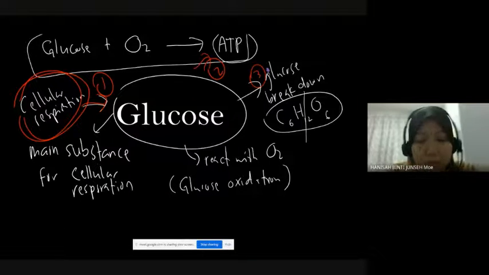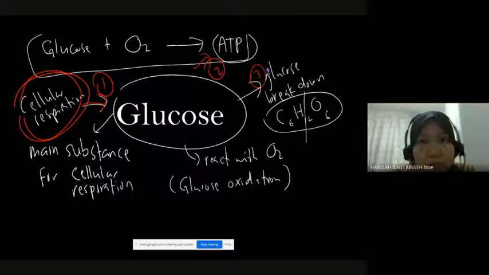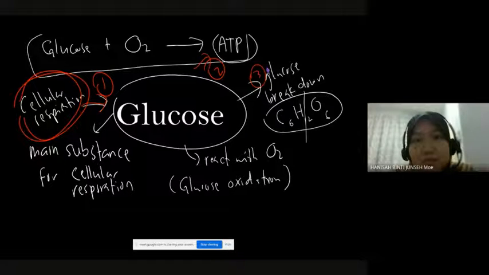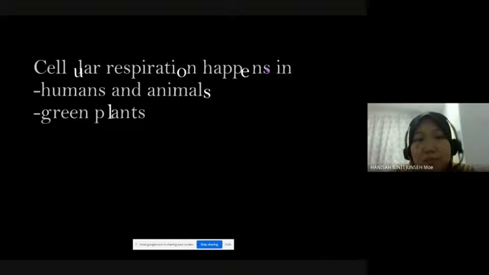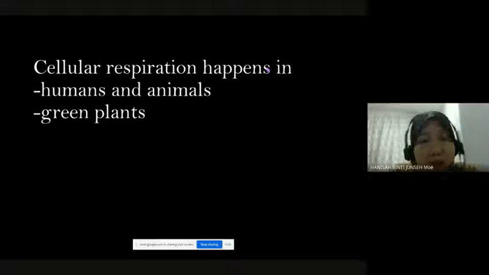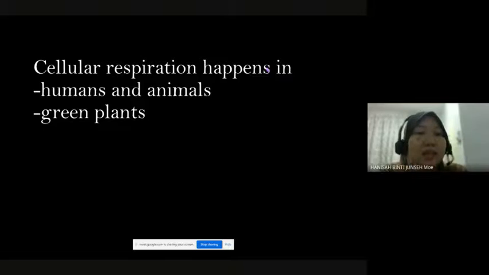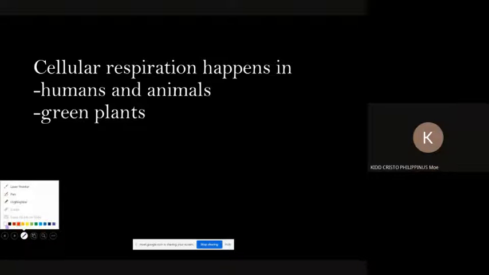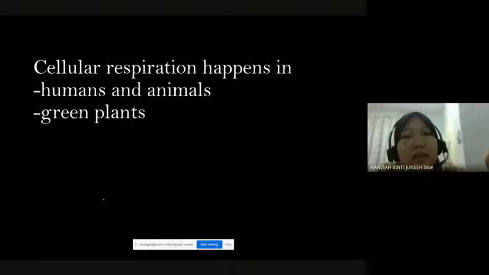Okay, are there any questions so far? No. Okay, next. Cellular respiration happens in humans and animals and also in green plants. Again, what is cellular respiration? Who can tell me? Energy production. Yes. So cellular respiration is energy production.